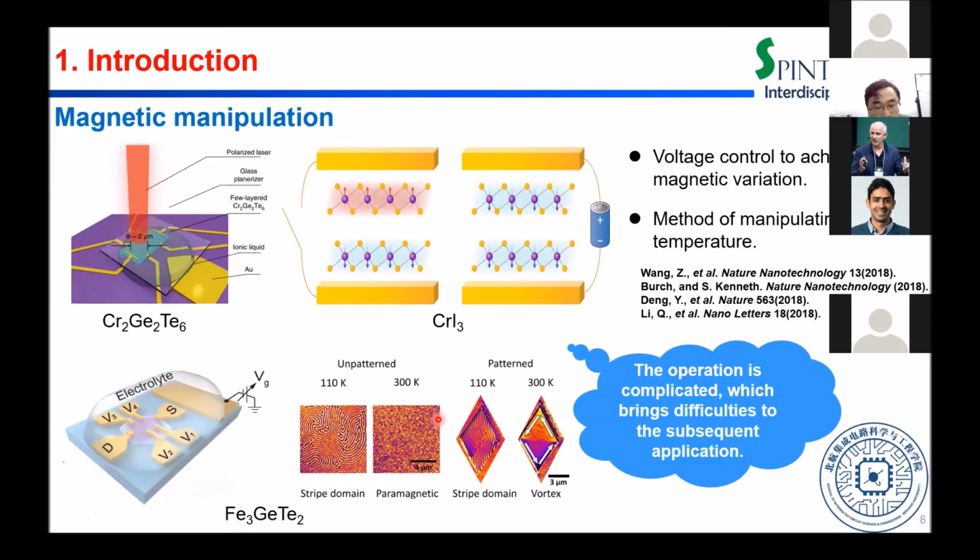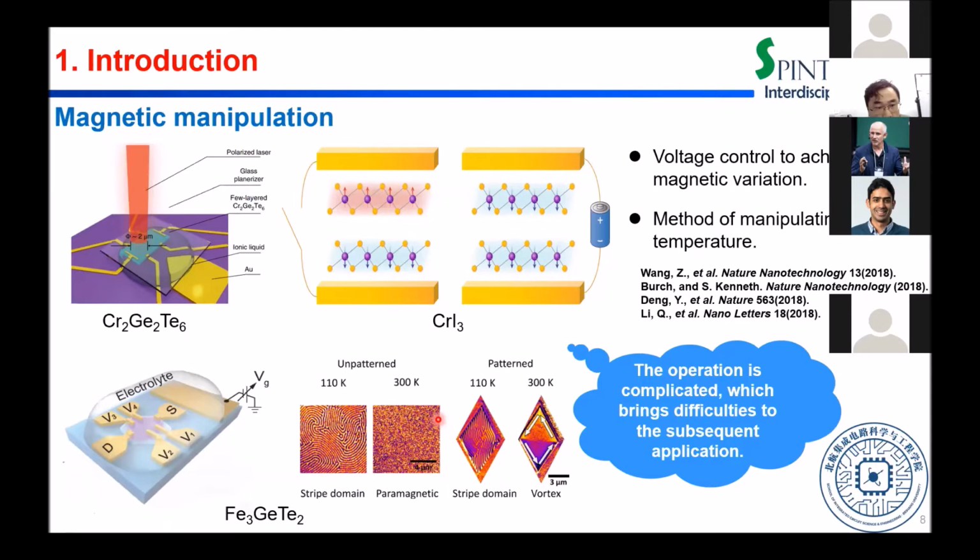This page shows some already reported materials, like chromium germanium telluride. You can use an ionic liquid gate to increase its Curie temperature. For chromium iodide, you can use the gate to change the magnetic phase from antiferromagnetic to ferromagnetic. And iron germanium telluride is very interesting.